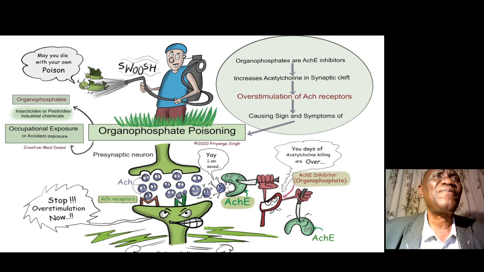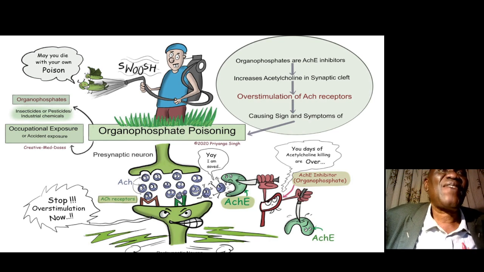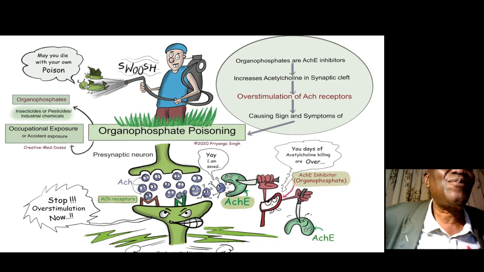Here we have simplified the mode of action. You can see where we have put a circle to the right of the slide, where we are saying organophosphates are ACHE inhibitors, or acetylcholine enzyme inhibitors.